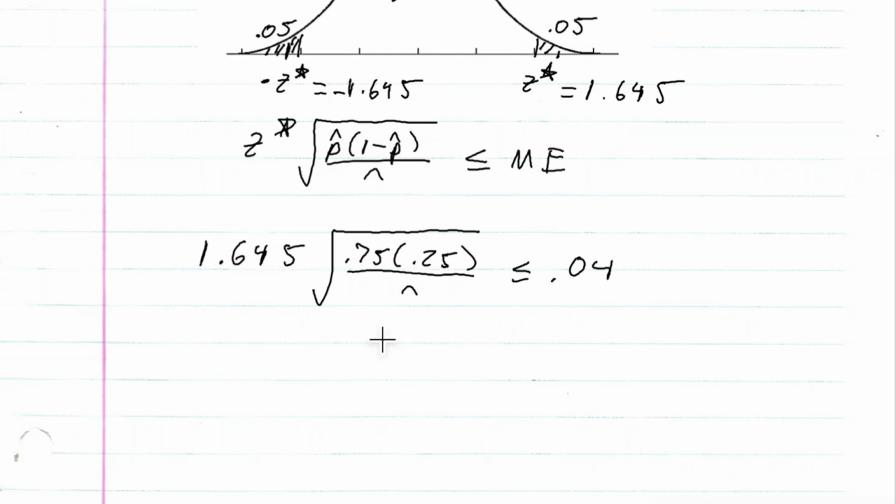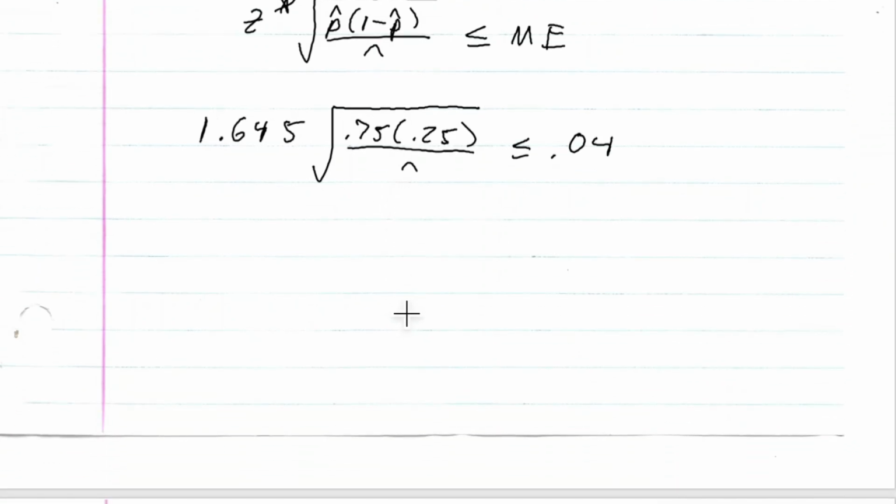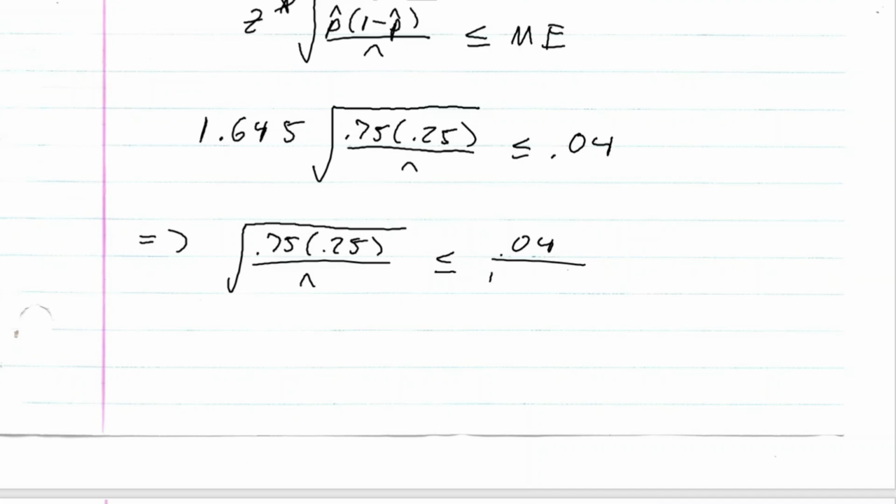Now we're just going to use some algebra. So this is the same thing as the square root of 0.75 times 0.25 all over n less than or equal to 0.04 over 1.645.